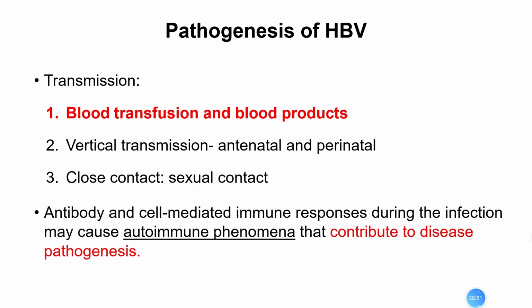Well, at least previously, it was widely believed in China that if you share the dishes, it also causes HBV transmission. But I don't think there is a lot of evidence to support that.